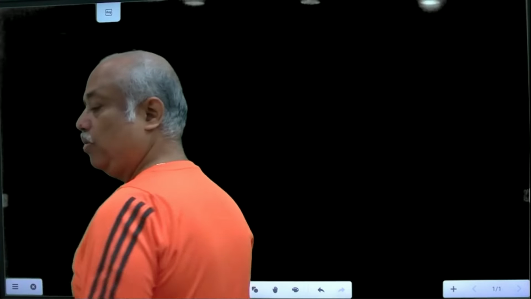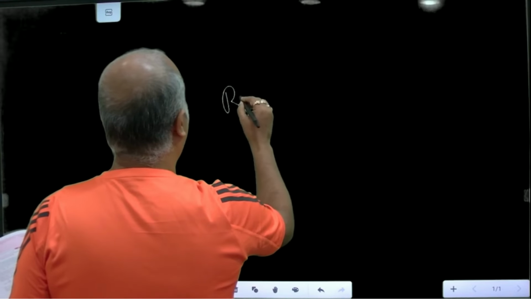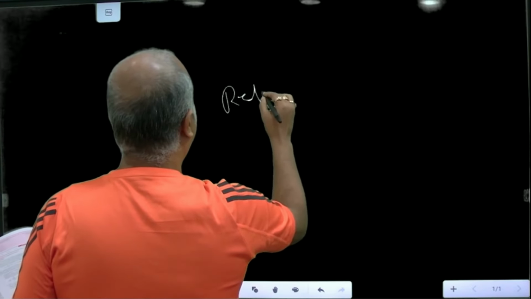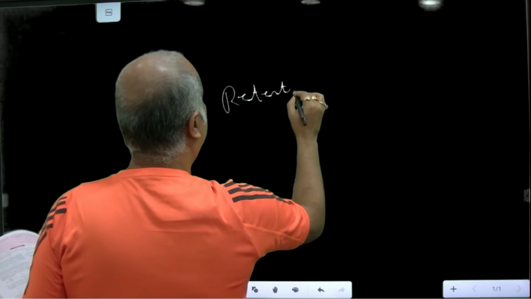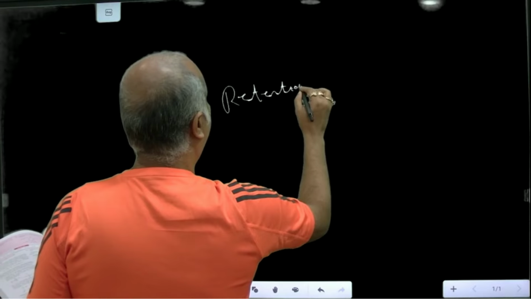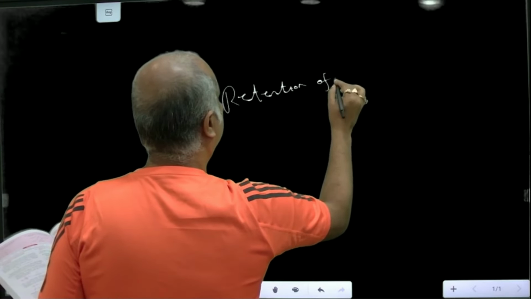Then write down the stereochemistry of the SN1 mechanism. I think 2 parts. Retention of configuration.